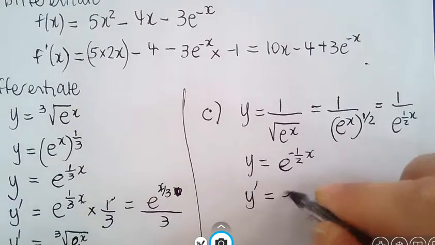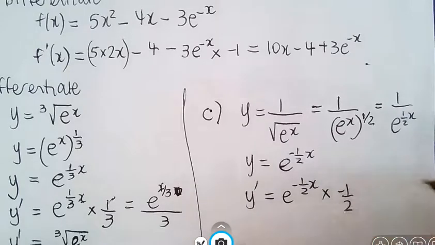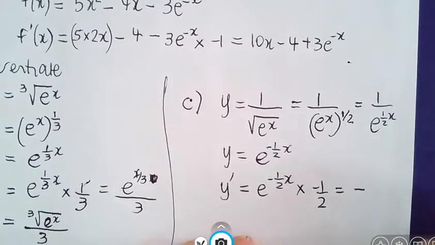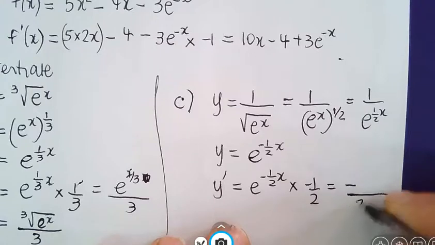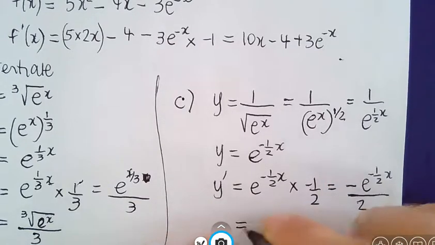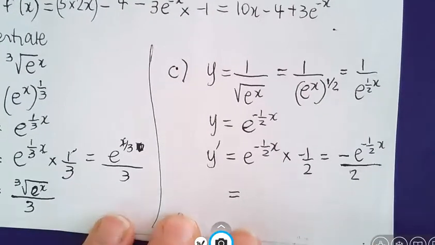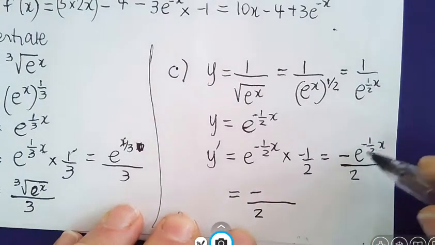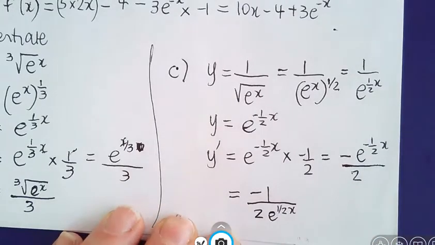So y dash is, you just write it out, times, differentiate that, and you get negative a half. So it really is just negative, okay? Where does the 2 go? On the denominator, and we've got negative e to the negative half x. All right, let's say I want to write it the way the question was presented. The negative stays, the 2 stays, this e to the negative half x has to come back down here. So I'll put a 1 at the top.